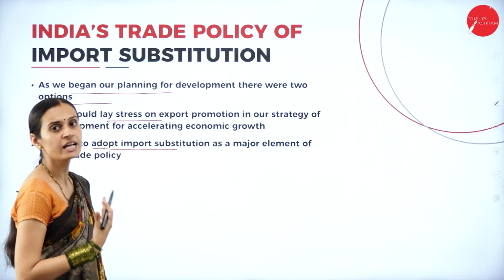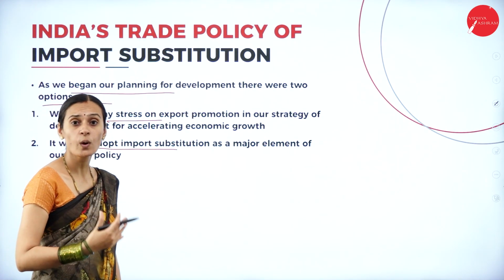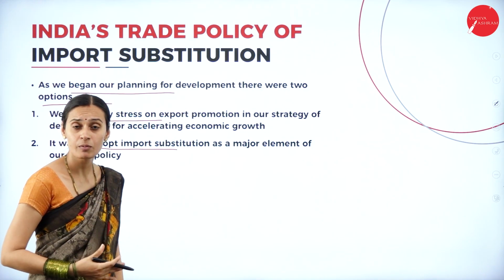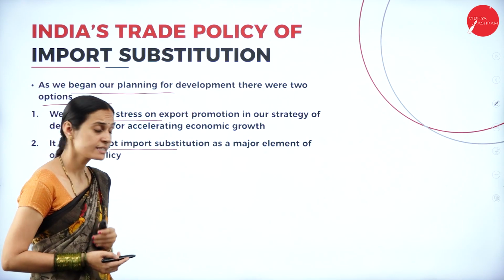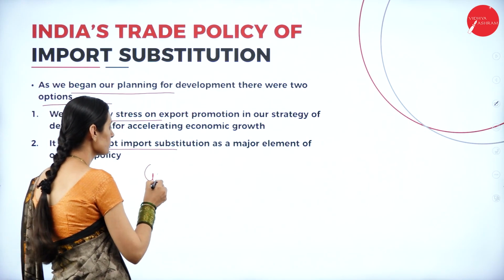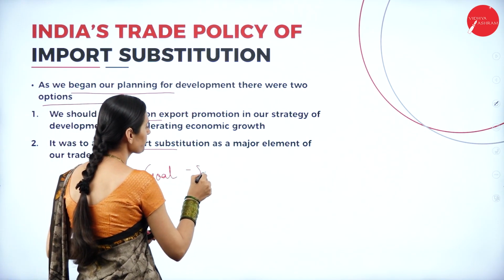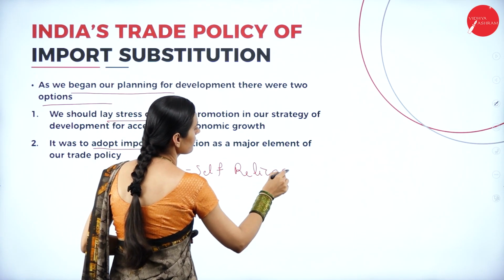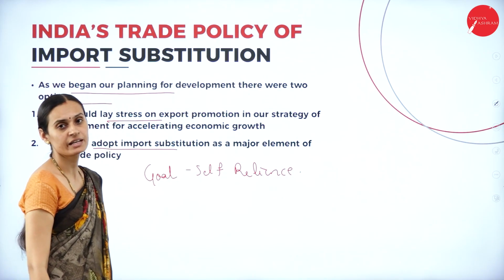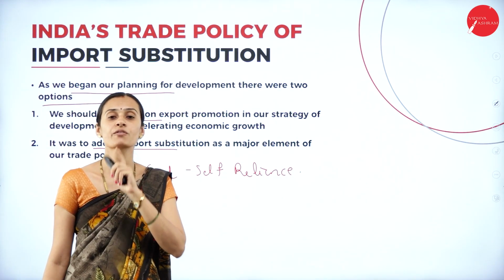Just increasing exported items and decreasing the quantity of imports is possible by producing import substitute items. So that is considered the goal of self-reliance. Goal of self-reliance. So this is the major objective of planning.